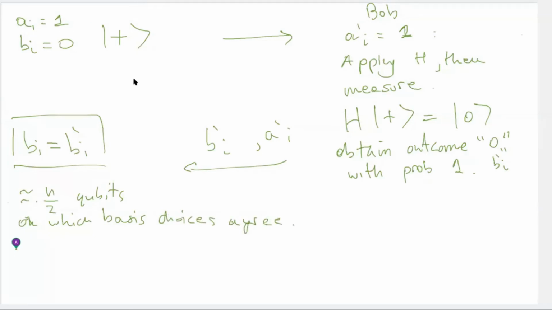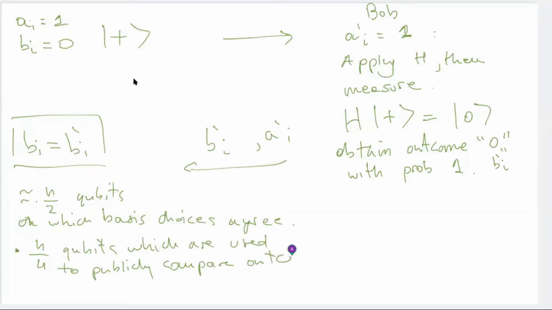Then there are n/4 qubits which are used to publicly compare outcomes and check that the outcomes obtained by Alice and Bob, the b_i and the b'_i, match exactly. If this is the case, then Alice and Bob are confident that nobody has tampered with the qubits.